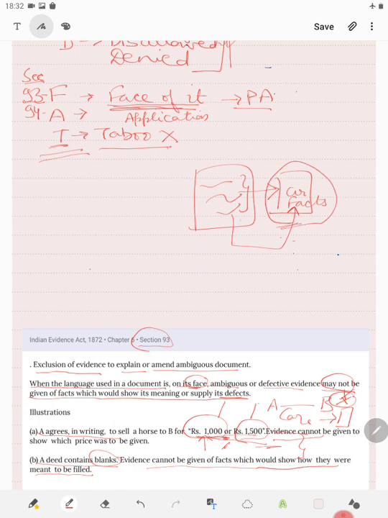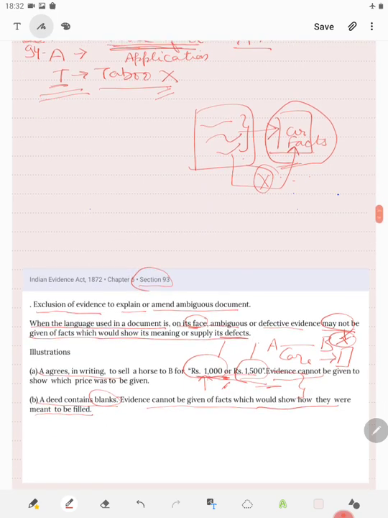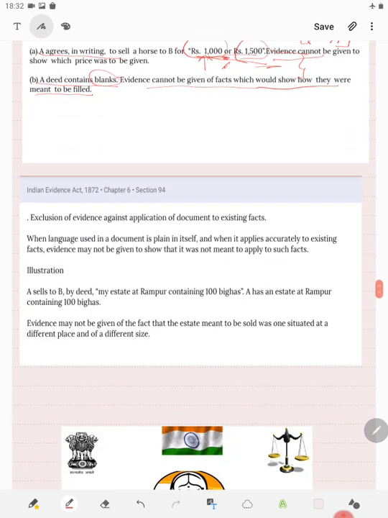If the thing which is written in the document applies to certain fact, and a person wants to give evidence contrary to it, then it is taboo, it won't be allowed. That is section 94. We'll just read it.